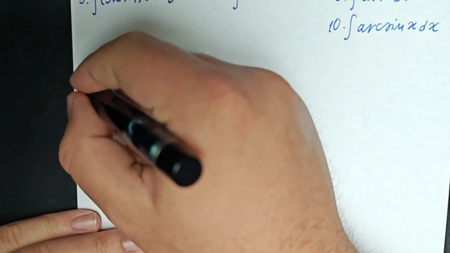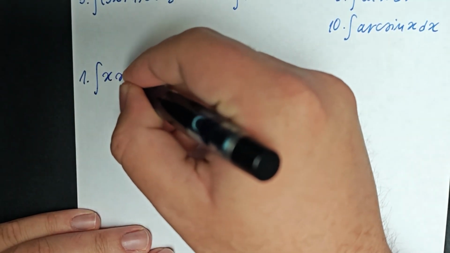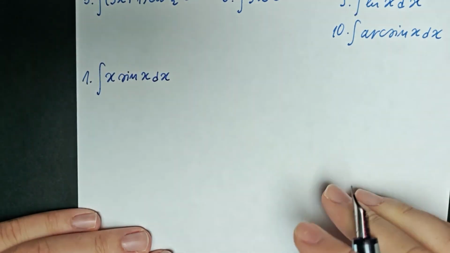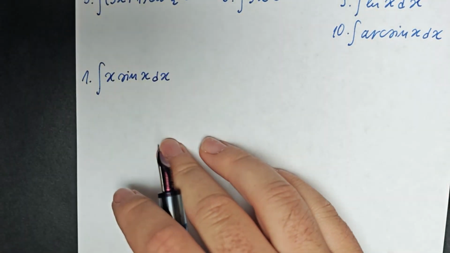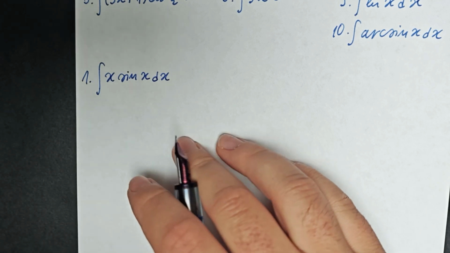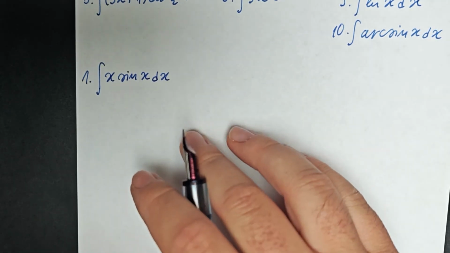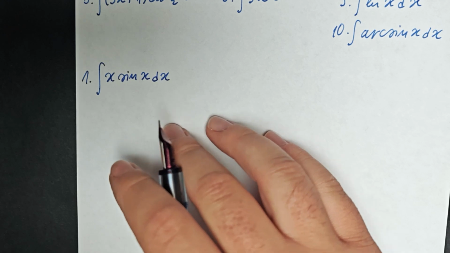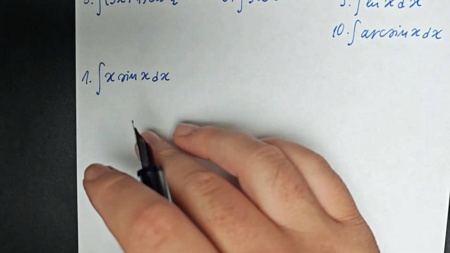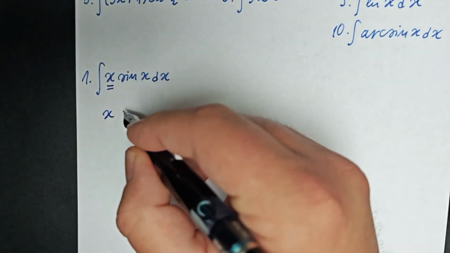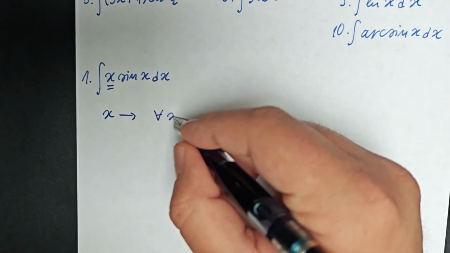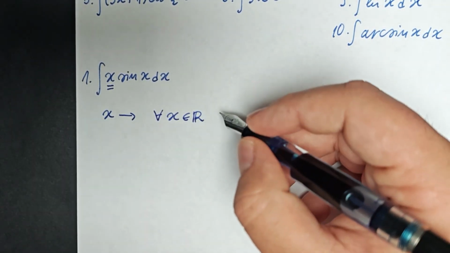So the first integral on our list is x sine of x dx. When you are solving an integral, the first thing that you have to do is to determine the area in which that integral is defined. You can see x here. The function x is defined for all x's which are real numbers.